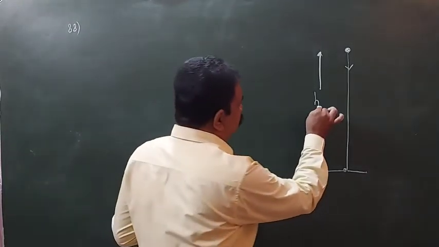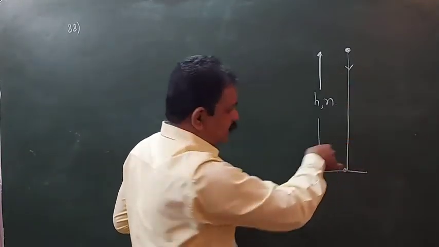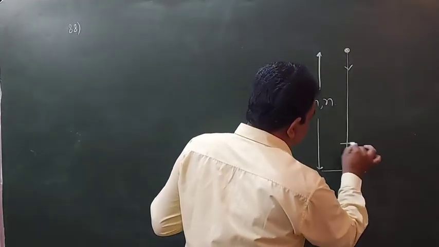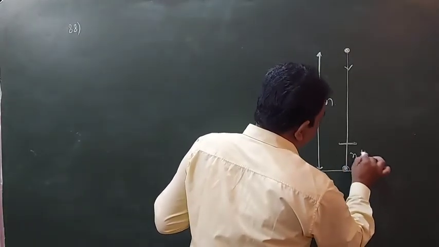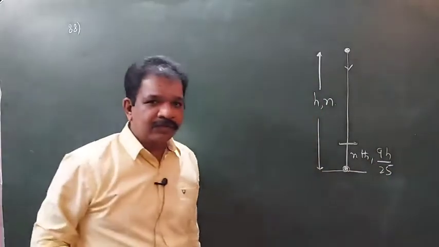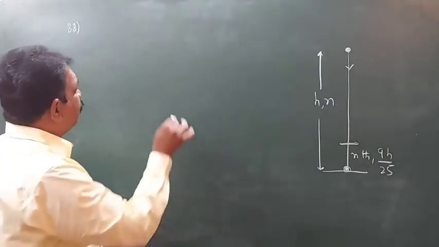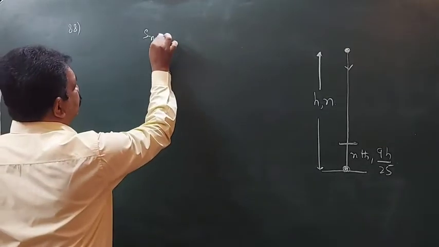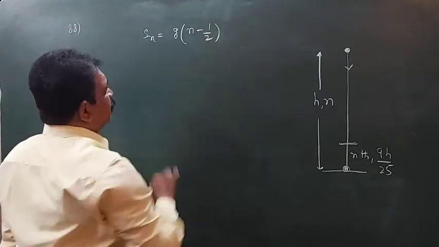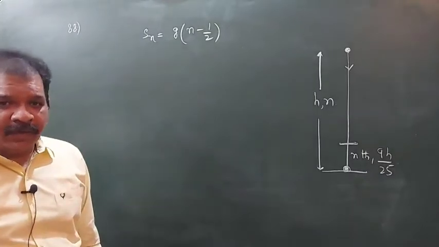For example, it took n seconds to reach the ground. In the nth second, it travelled 9h by 25. For a freely falling body, the distance travelled in the nth second formula is g into (n minus half).